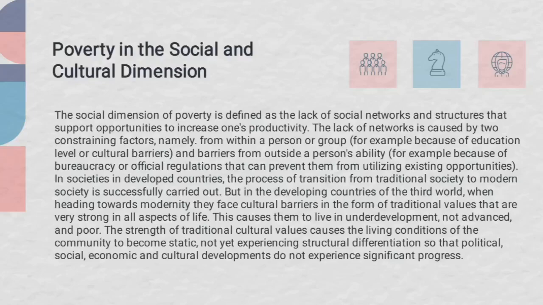This causes them to live in underdevelopment, not advanced, and poor. The strength of traditional cultural values causes the living condition of the community to become static, not yet experiencing structural differentiation, so that political, social, economic, and cultural development do not experience significant progress.